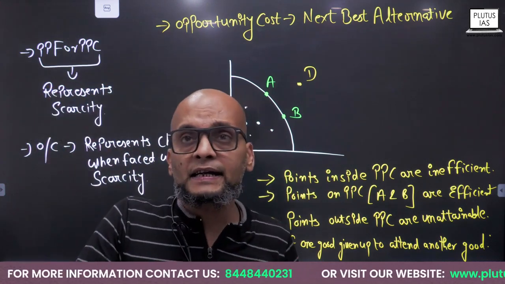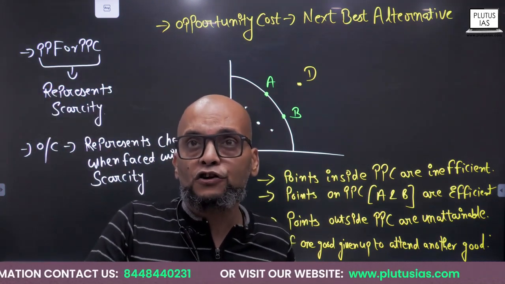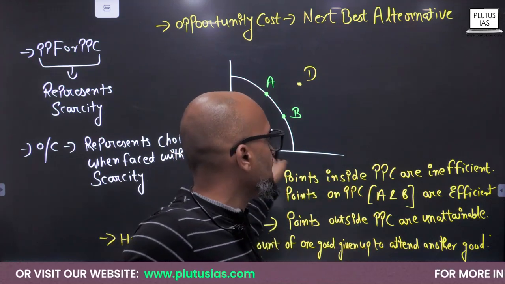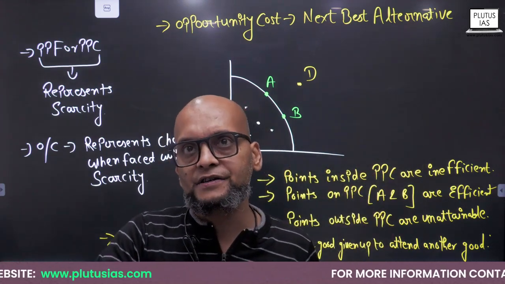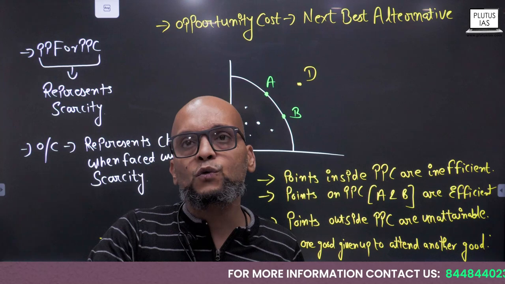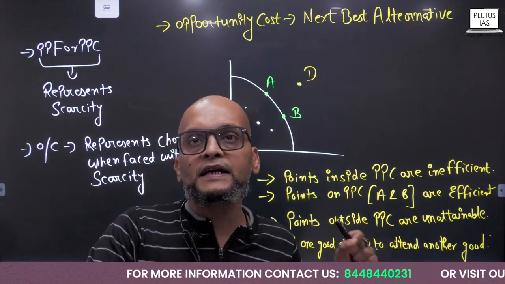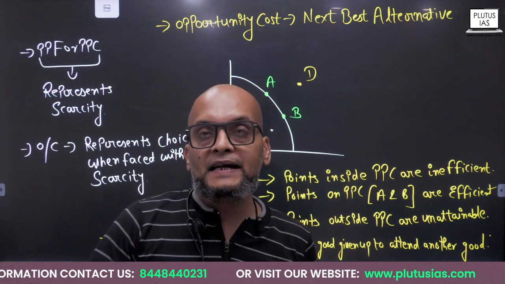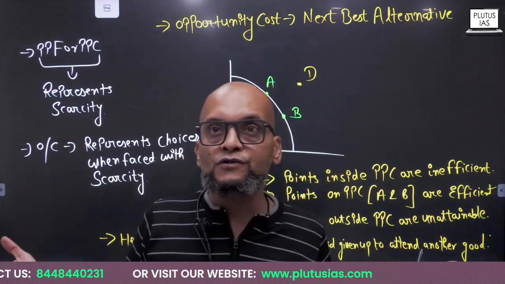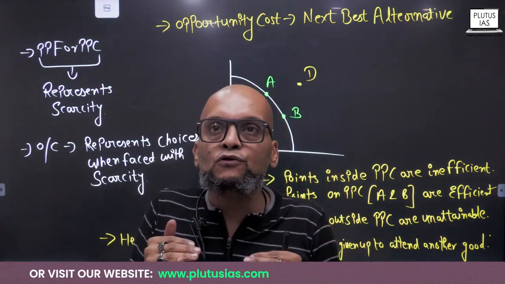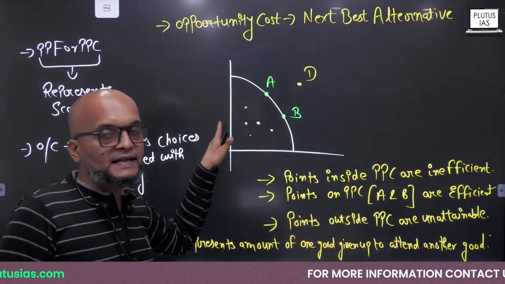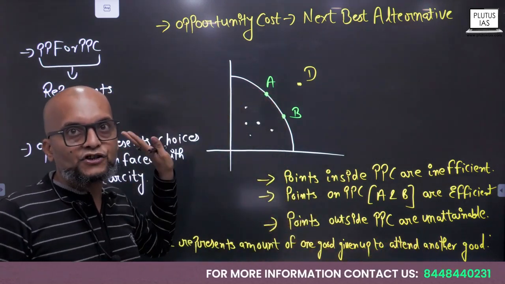They are representing various scenarios of production of good A and B. But these points inside the curve are inefficient. Why? Because all the resources of the economy are not being used in manufacturing. That means we had many more resources, but we used a lesser amount of resources. All the resources are not employed. So points inside the PPC are inefficient.